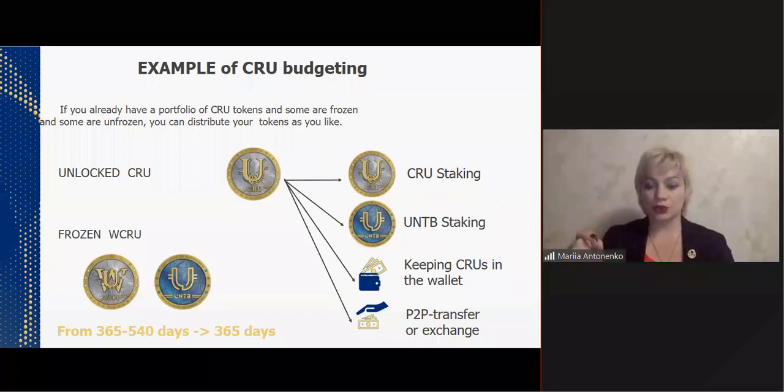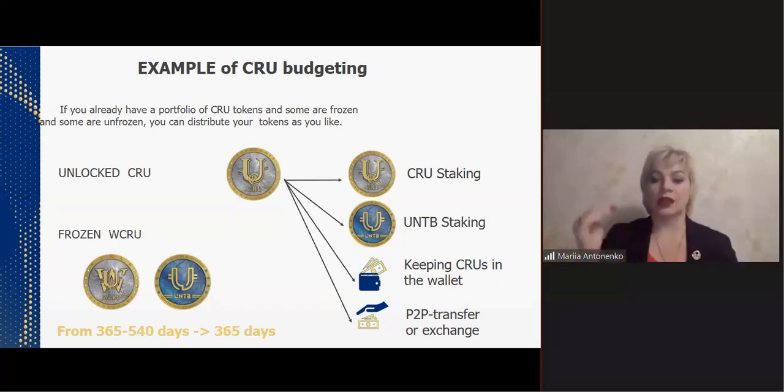Locked, unlocked CRUs, even in your wallet, you may stake them for CRU, for UNTB. You may store them waiting for the price to increase if you're reluctant to sell, or you can exchange peer-to-peer.